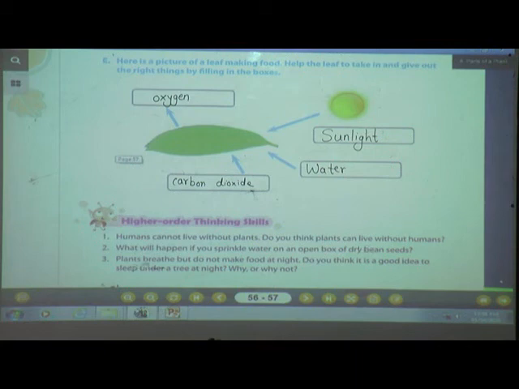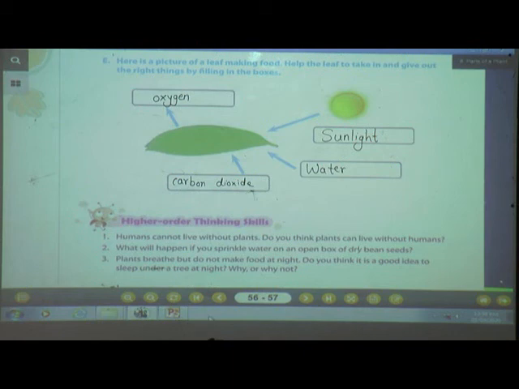Now the third question. Plants breathe but do not make food at night. Do you think it is a good idea to sleep under the tree at night? Why or why not? See, very important question. Plants take in carbon dioxide in the day and give out oxygen. Now in the night they breathe in oxygen and give out carbon dioxide.